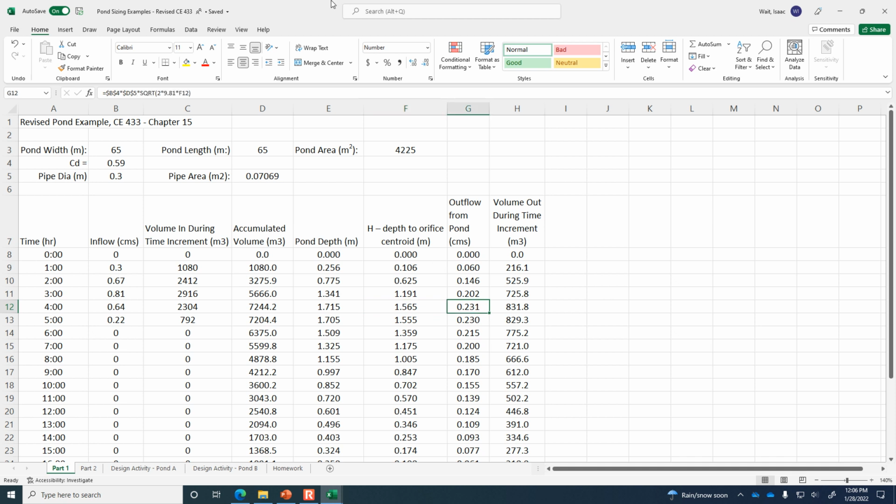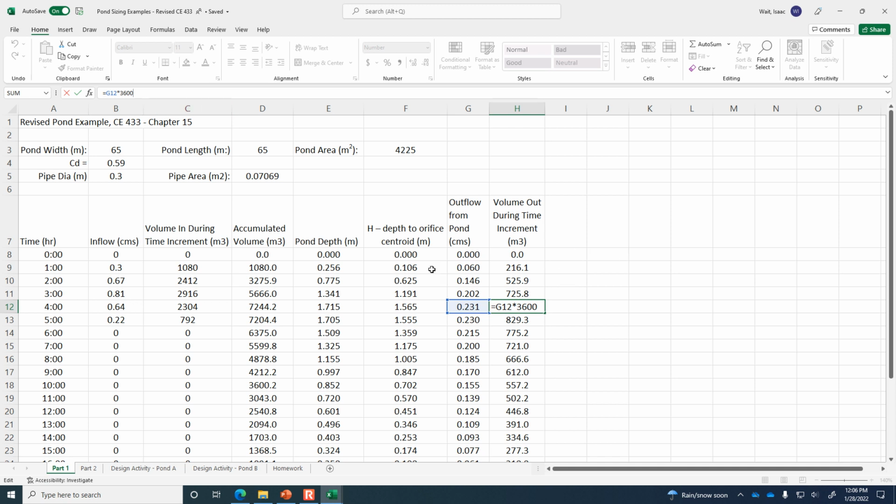So when we calculate the pond outflow, that's the area of the pipe, the discharge coefficient, and square root of 2gh. And then finally, the volume out during that increment is simply the outflow rate multiplied by 3,600. Okay, so that's a refresher.